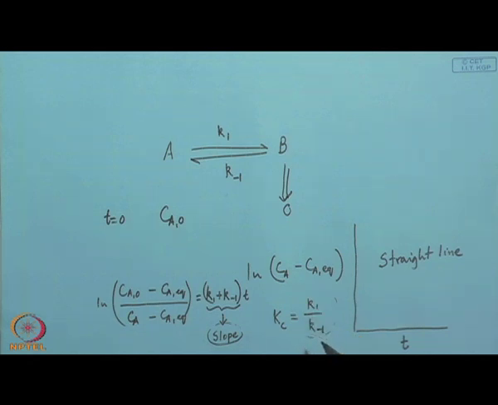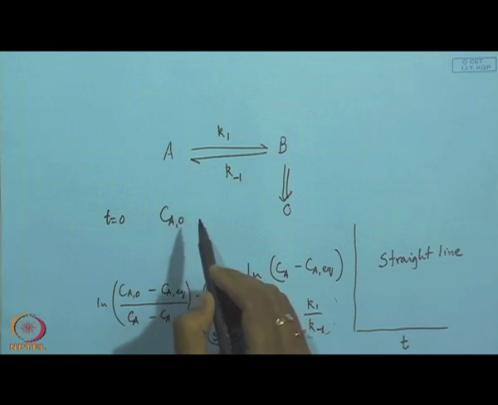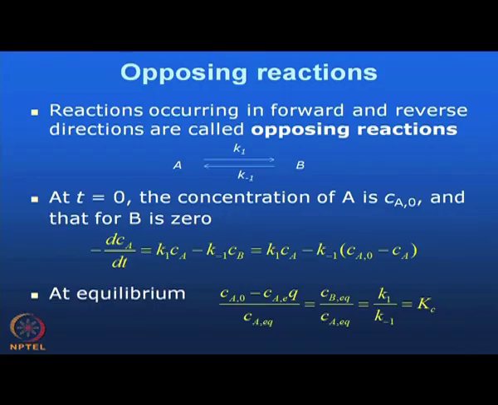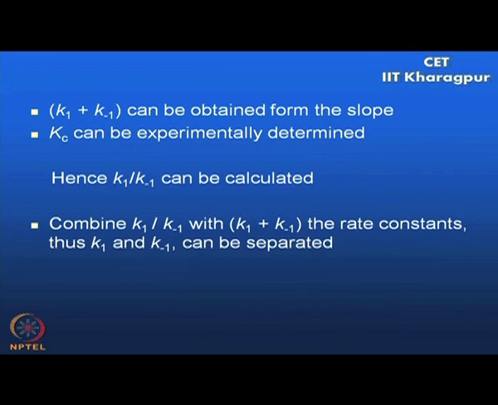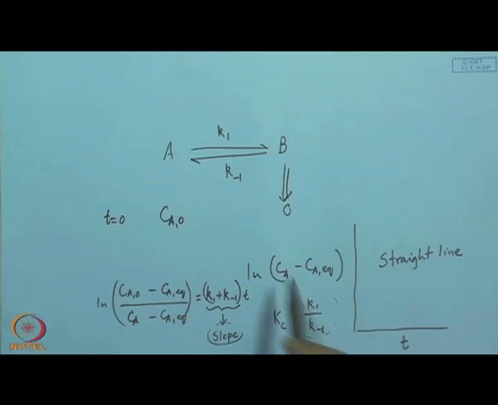So, what is the prescription? This is an opposing reaction with forward rate K1 and reverse rate K minus 1. We will have an experimental plot of ln (Ca minus Ca equilibrium) versus time.